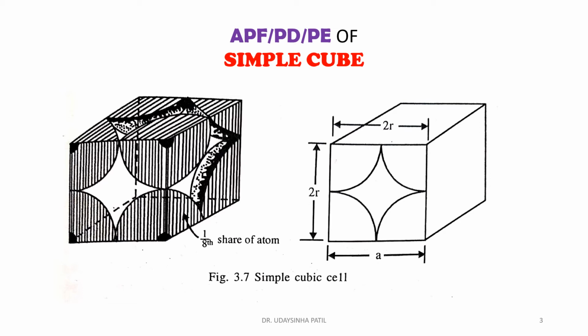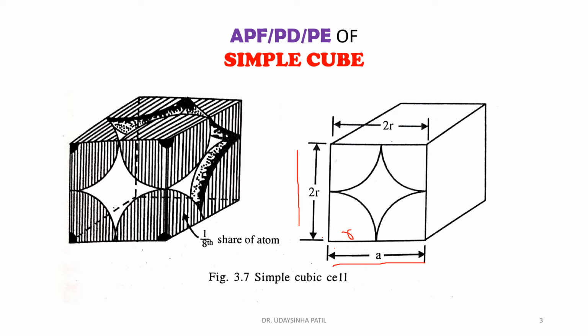In the simple cube cell, the atomic radius r and the length of the cube A are shown in the figure. R plus R gives the lattice constant A, so it becomes 2r.